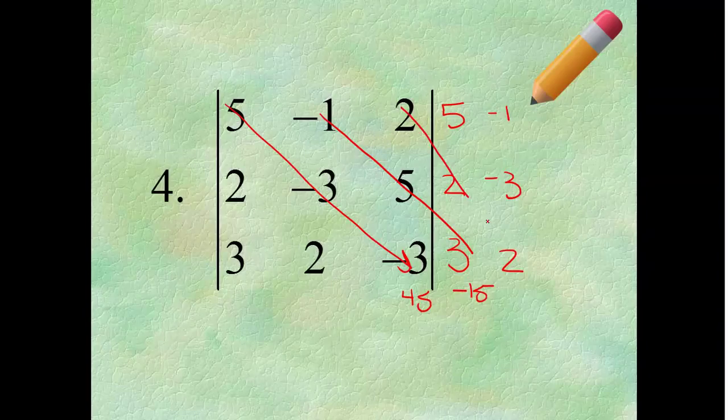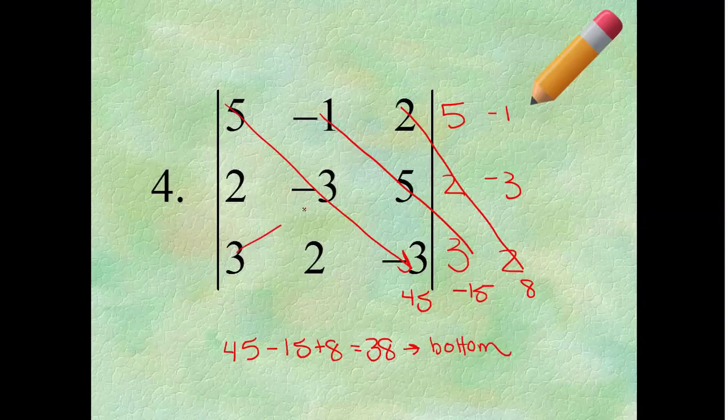And then I'm going to go 2 times 2 times 2. So 2, 4, 8. Right? So I'm going to get 45 minus 15 plus 8, which is 38. That's my bottom number.